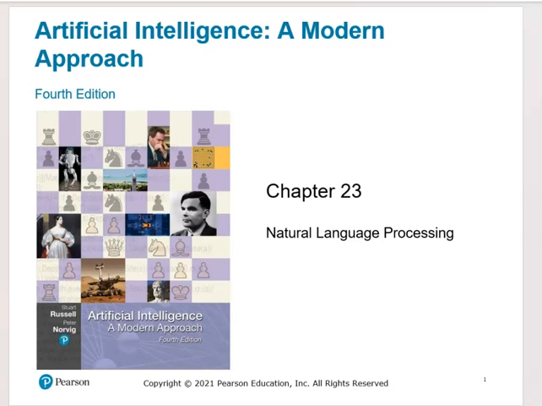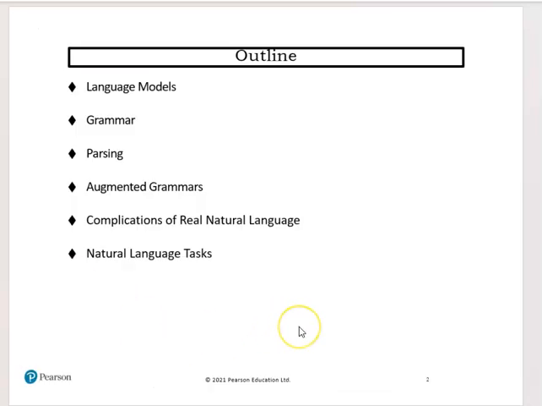So in this lecture we will start first with discussing what language models are, and what the difference is between a natural language processing model and a grammar model. Then we'll discuss the rules of grammar and how to build them.